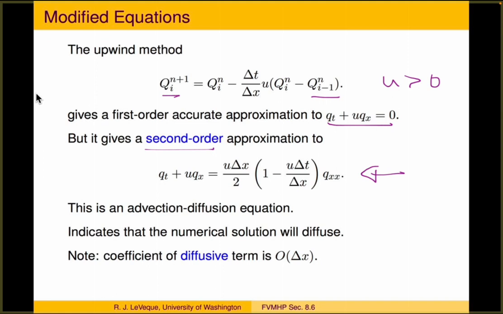So we can view this Upwind method as being a first order accurate approximation to the original advection equation, but it also gives a second order accurate approximation to this advection diffusion equation.